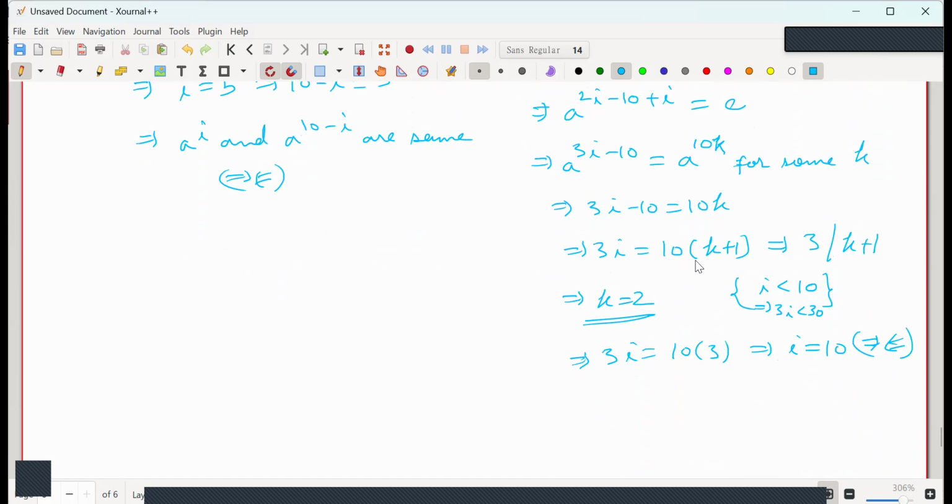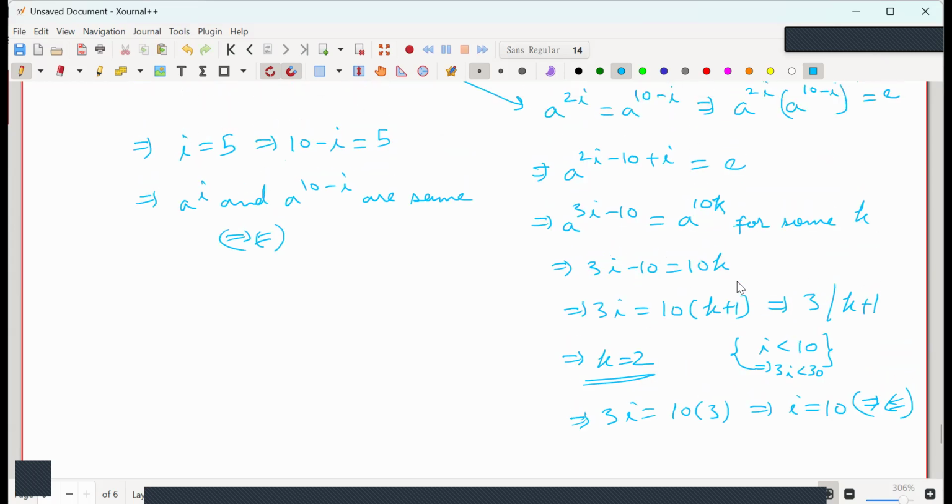So 3 either divides 10 or k plus 1. 3 doesn't divide 10, so 3 has to divide k plus 1. But this number 3i cannot be more than 30, so k plus 1 has to be 3. This implies k is 2, which is a contradiction since i becomes 10.